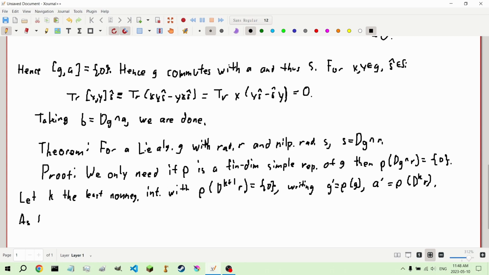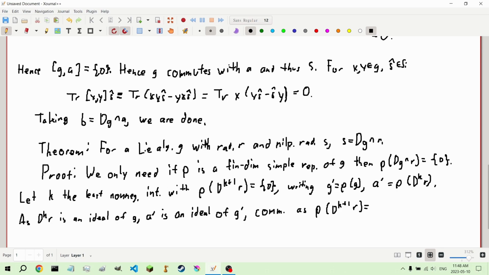now as d^k R is an ideal of G, A prime is an ideal of G prime, and A prime is actually commutative, as we have that rho of d^(k+1) of R is equal to 0.